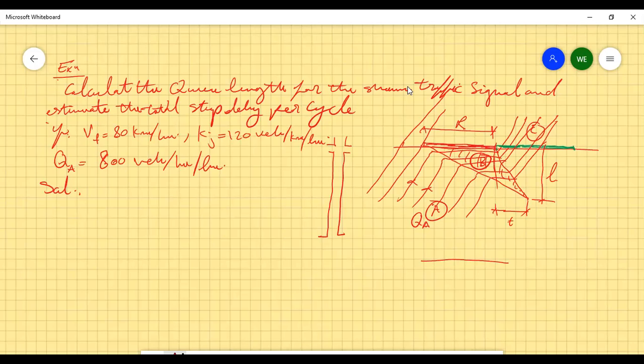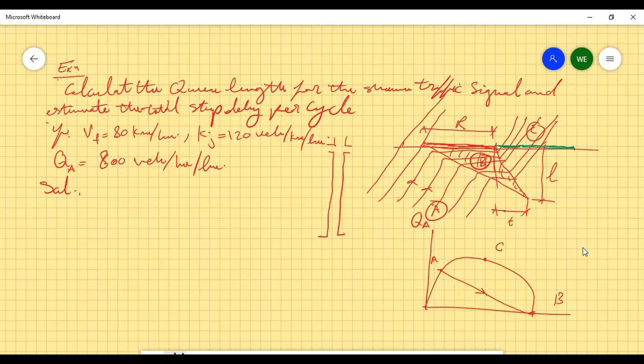So if we draw this, okay, before we draw this, we just need to define these different states as following. That's the state A, that's the state B, and that's the state C, saturation.